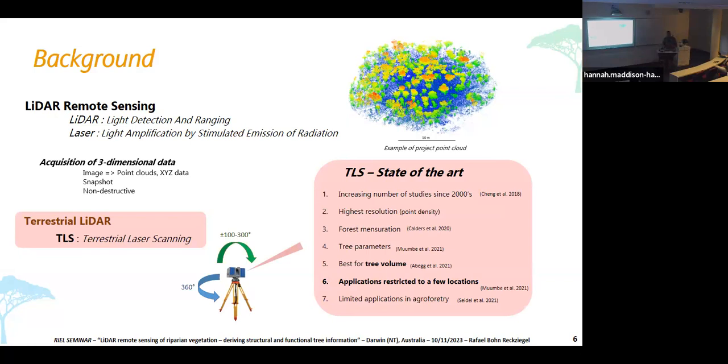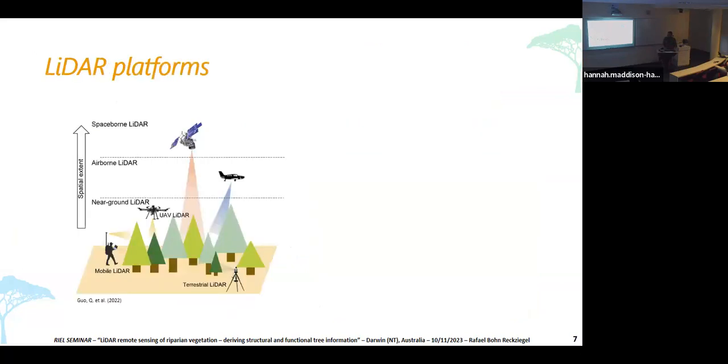Also, we know that this type of technology has not yet covered many locations in the world, and also not different systems like forest plantations and different agroforestry systems, which have a high structural diversity.